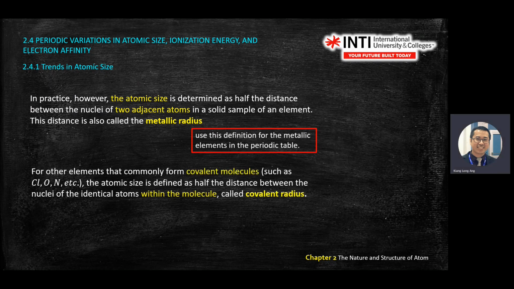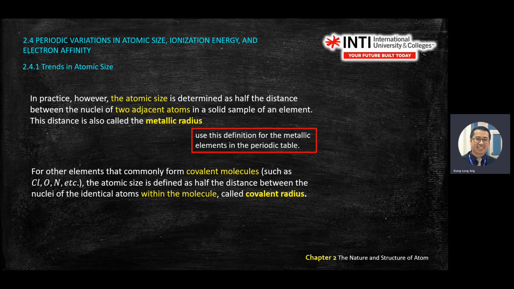So for metal, the atomic size is half the distance between the nuclei of two adjoining atoms of a simple element. What does it mean? If you draw two, let's say ferrum, so ferrum has electrons on it.